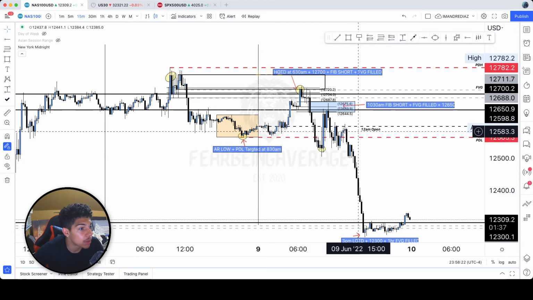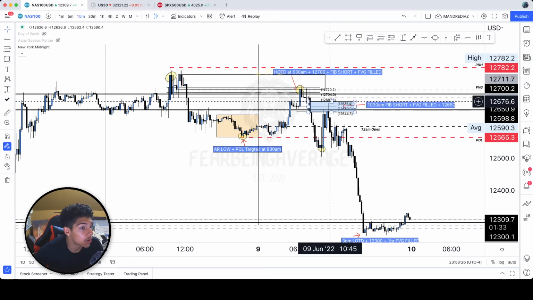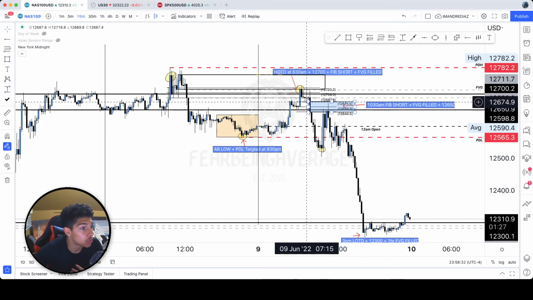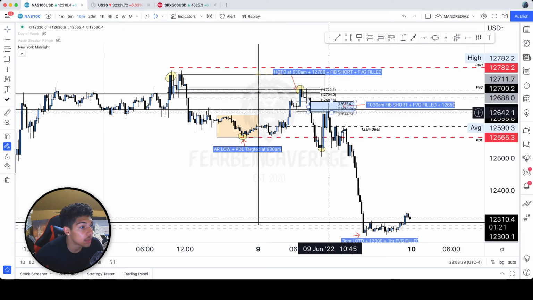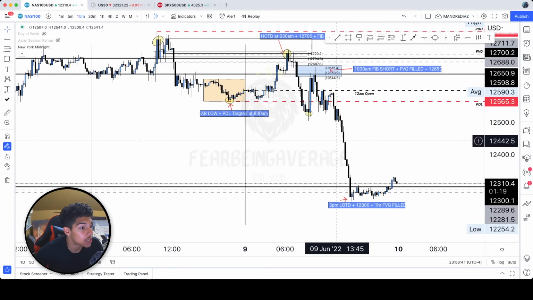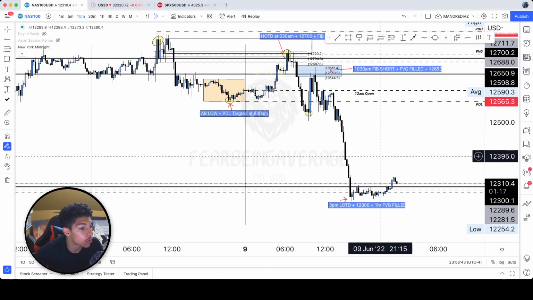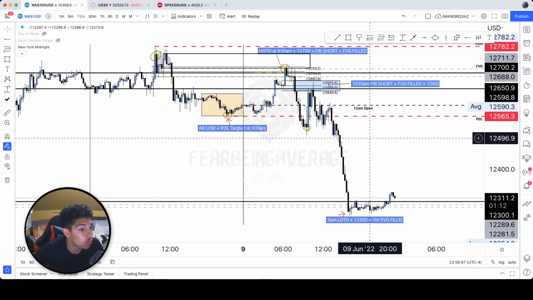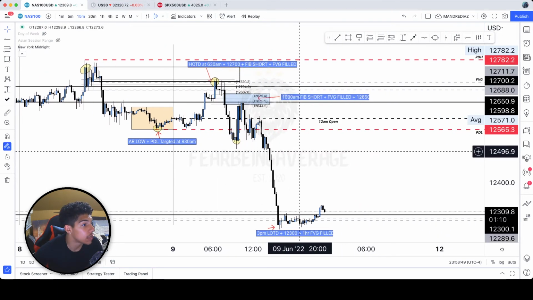From that low, we traded back above the 12 a.m. open, into a premium price area, traded into this fair value gap, filled it in, and traded into a fib short at the 12,650 level at 10:30 in the morning. This is what led price to expand to the downside, creating the low of the day after filling in this 1 hour fair value gap at the 12,300 big figure level. So that is what we got today.